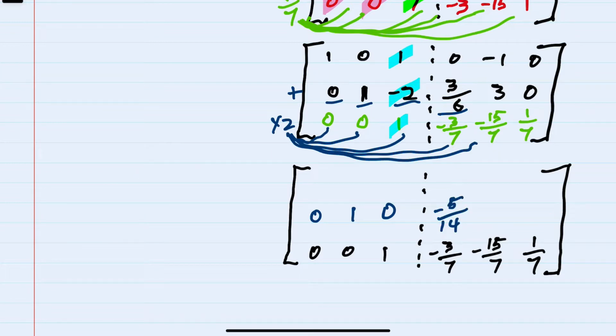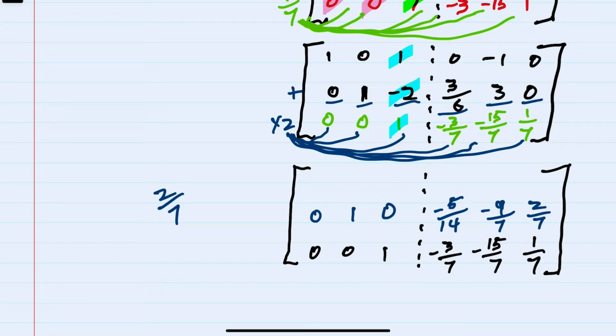For the next spot, I have 2 times negative 15/7 would be negative 30/7, and I need to add 3. So I'll go ahead and get a common denominator. 3 would be 21/7. So adding gives me a negative 9/7. And then 2 times 1/7 is 2/7 plus 0, 2/7.